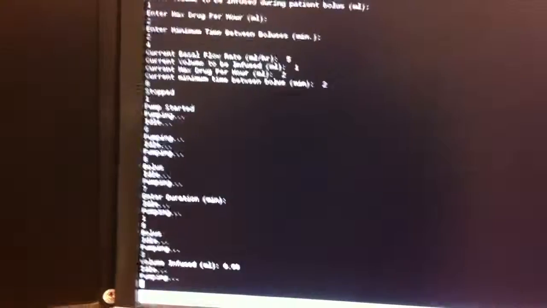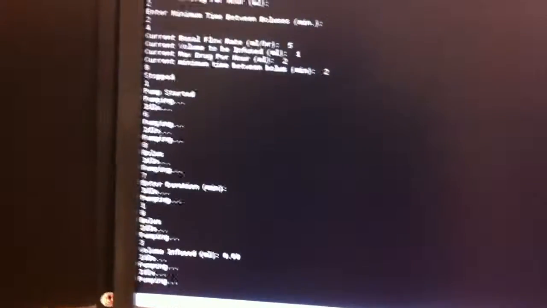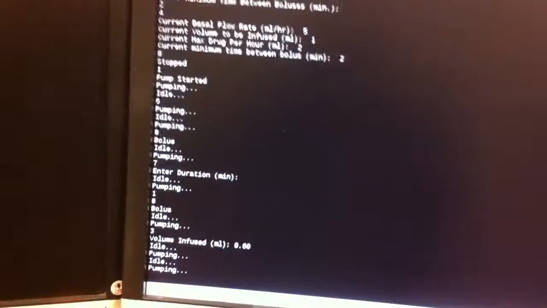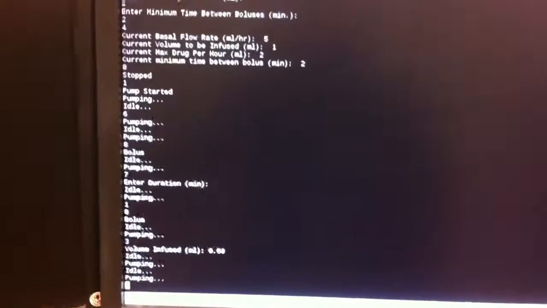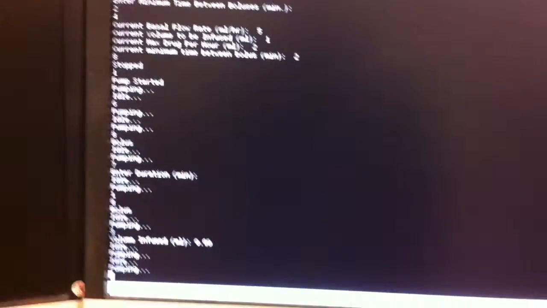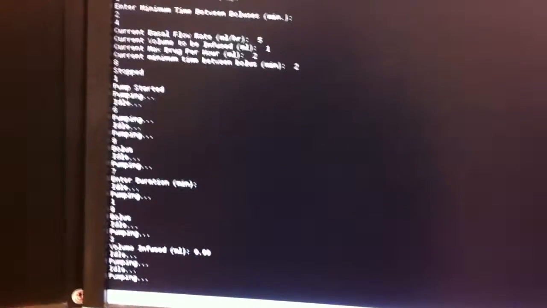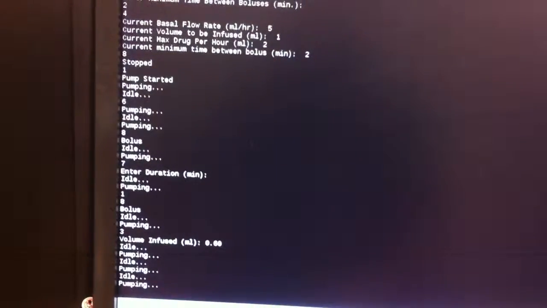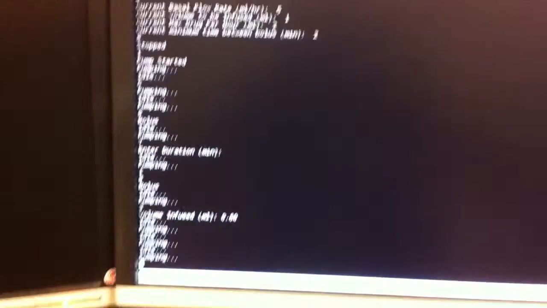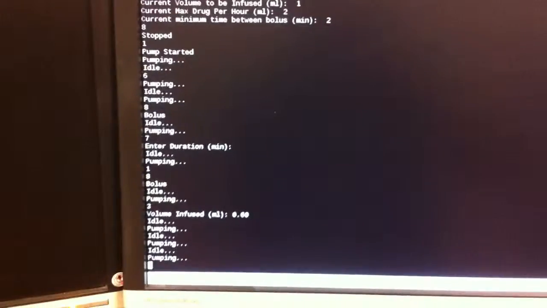And what's more, during the patient bolus the basal flow rate is maintained, which means that the patient bolus is some sort of addition to the flow rate. So after the patient bolus finishes, we should have dosed something around 1.3 or 1.4 milliliters. And so far there are 6 doses, 6 0.1 milliliter doses dosed during the patient bolus.